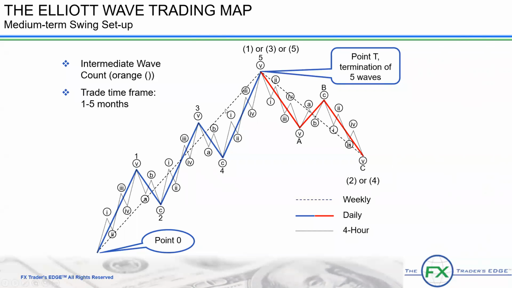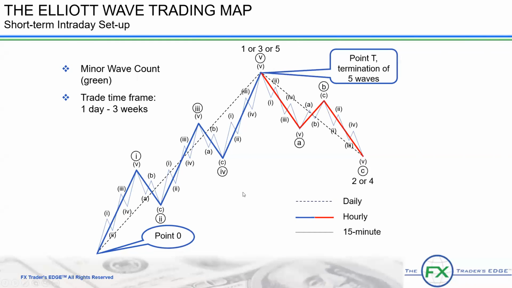So same thing as before. This would be the weekly. You would see this, let's say, on a weekly chart, and you would take the trade off of the 4-hour chart. And then finally, if we wanted to use the daily, the hourly, and take the trades off of the 15-minute chart, you could finish this 5-wave sequence in between 1 day and 3 weeks.